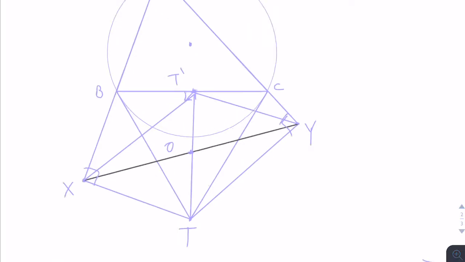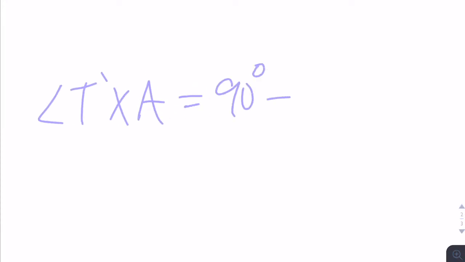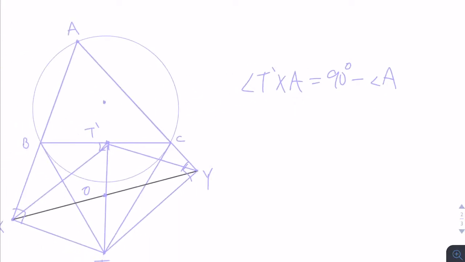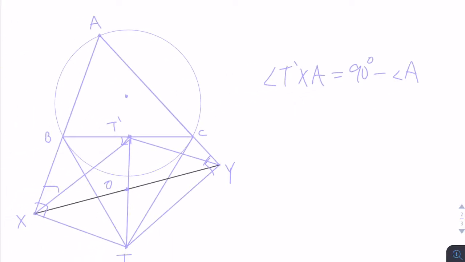In other words, we have to prove that angle T prime XA is equal to 90 degrees minus angle A, because if T prime is the orthocenter, then the measure of angle A has to be the complement of angle T prime XA. And now we can angle chase to try to prove this.